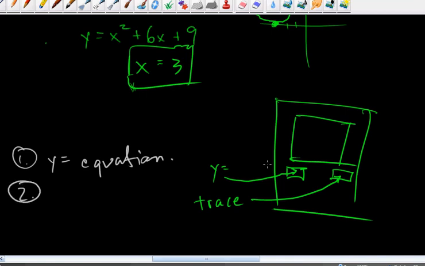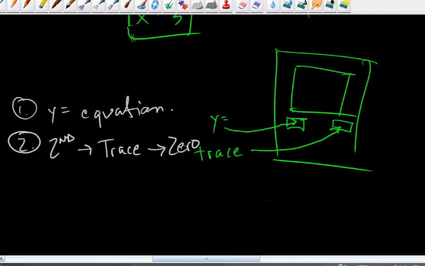the second thing you can do to find the 0 is press the second key and then trace, and then choose 0. 0 is going to ask you to locate where on the graph you want to find a 0.